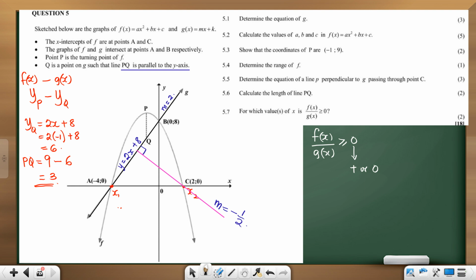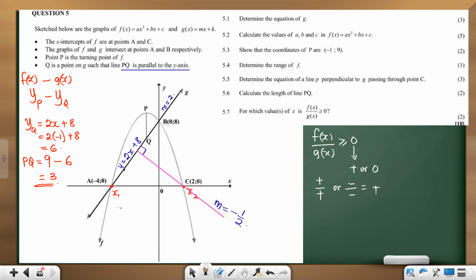Start from the right-hand side. Greater than 0 means positive. Now, I'm just going to work with my signs. How will I get a positive? It is either positive over positive, which will give me positive, or negative over negative. That will give me positive.